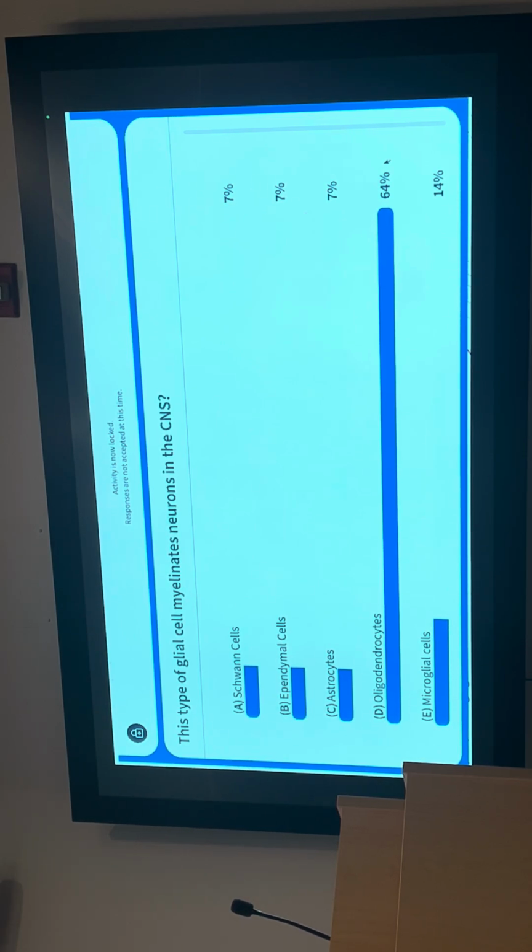Oligodendrocytes, most of you got it here. The microglial cells are immune cells. Those are going to be cells that are kind of macrophages. They're cleaning up any debris or any foreign microbes. So they connect to the immune system. They're going to be those surveillance cells that look around for anything that doesn't belong.